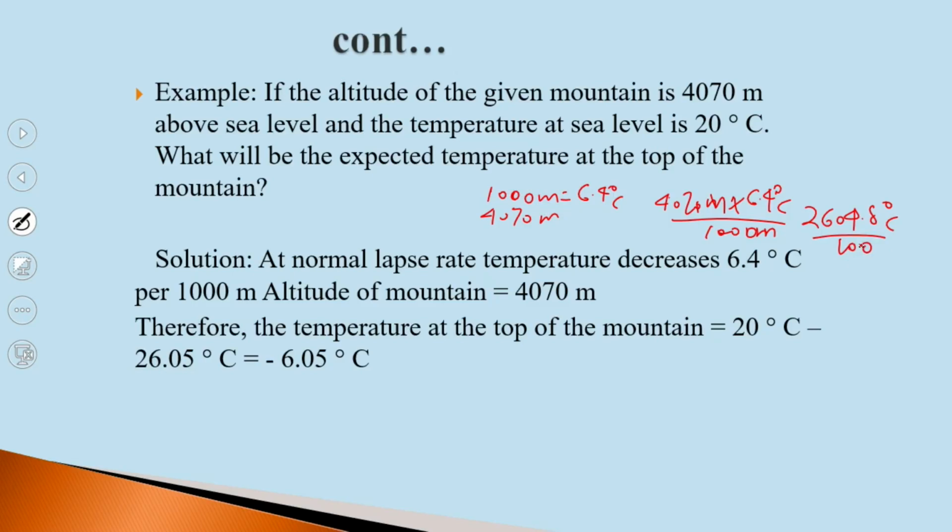Then finally we get 26.04 degrees Celsius. This is the lapse rate of 4070 meters. Now we have to subtract it from the temperature at sea level, that is 20 degrees Celsius minus 26.04 degrees Celsius. Finally, we get nearly minus 6.0 degrees Celsius as the temperature at the top of the mountain.